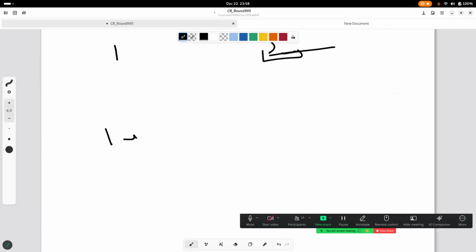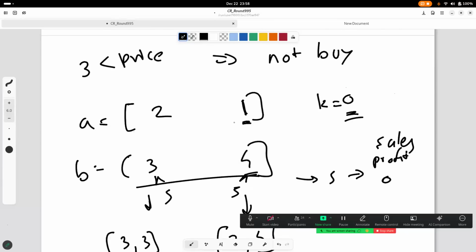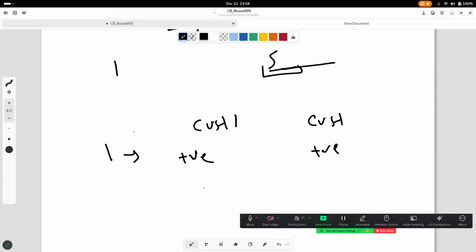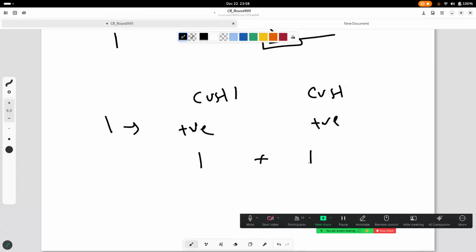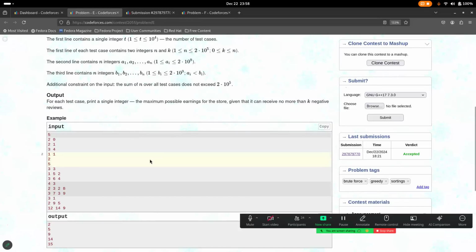For 1, customer 1 would leave a positive review, customer 2 would leave a positive review, because 1 is less than or equal to 1, 1 is less than or equal to 2, and both of them will buy it. So basically you have 2 as your profit. So that was the first case.